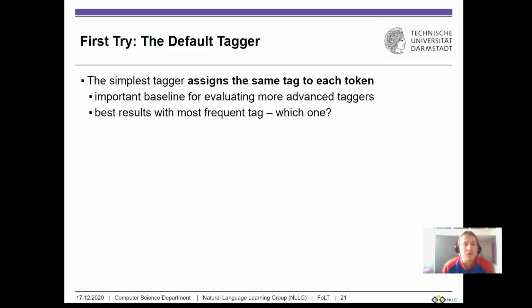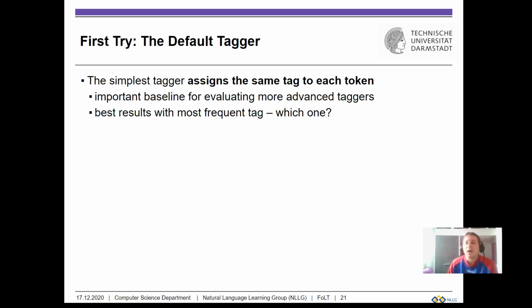Now let's go for a couple of more complicated and more refined taggers in different stages. We start out with a default tagger. Our simplest default tagger assigns the same tag to each token. This is a baseline, and of course you expect that it's not performing very well because it's linguistically quite stupid, but it can still be an important baseline when you report the quality of your own tagger.